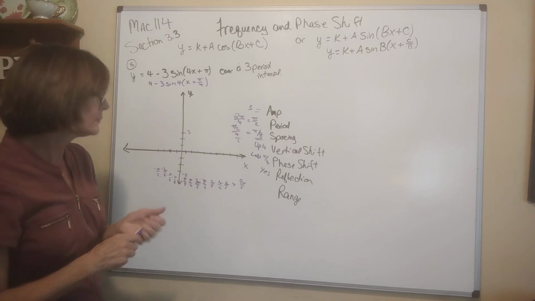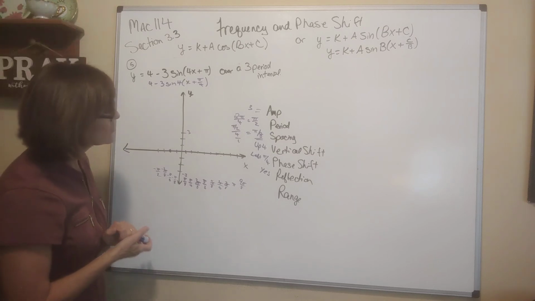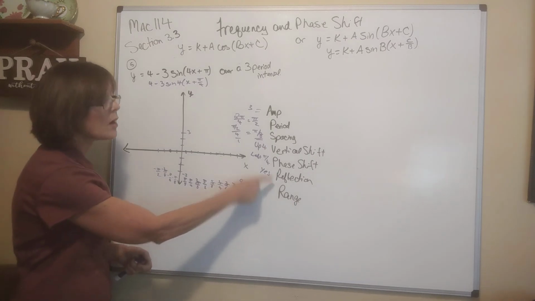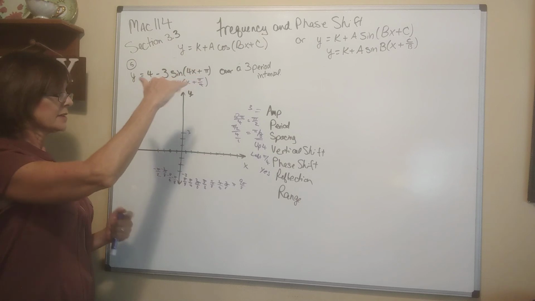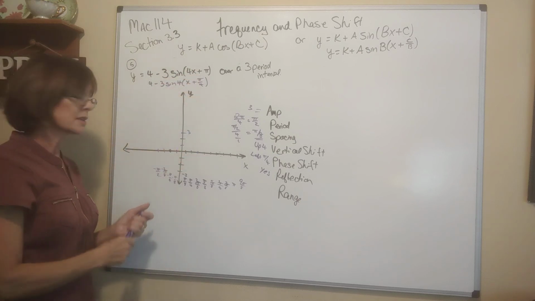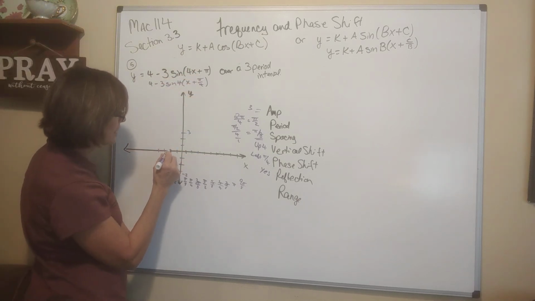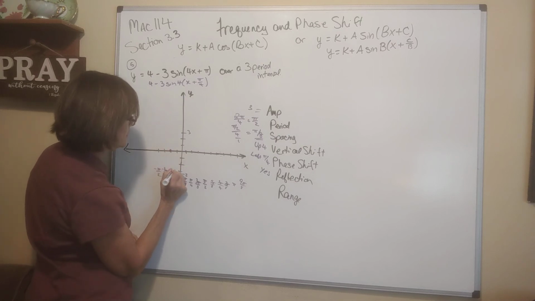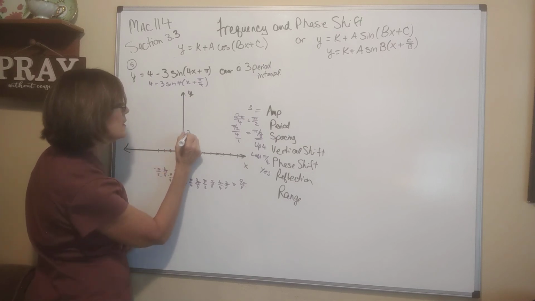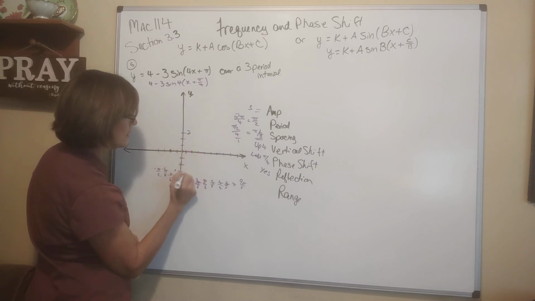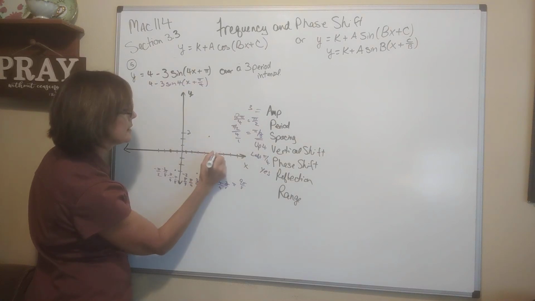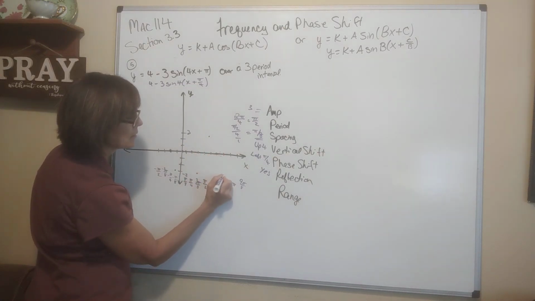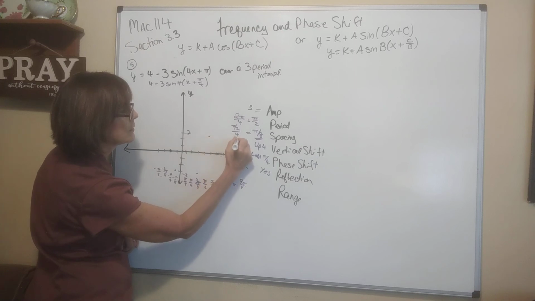Okay, so if I do that, then I'm going to just follow my pattern. Is it reflected? Oh, it is reflected. We have a lot to keep up with in this problem. So instead of going up at the next move, I'm going to go down at the next move. Ready? Let's just start laying some points out. Middle, low, middle, high, middle, low, middle, high, middle, low, middle, high, about right there.